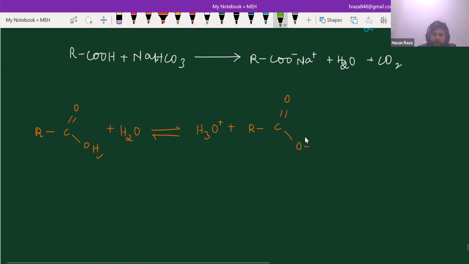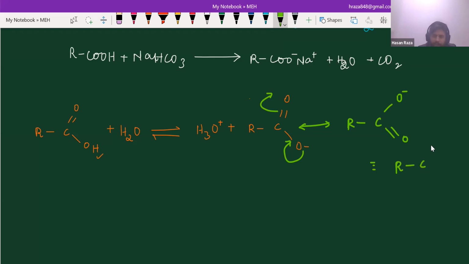Now I'm going to do the resonance of this. As you know, this will take carbon's electron and it will satisfy carbon's bond. So it will be RCOO negative with the double bond. We can write the resonance hybrid as this O and O, and the double bond moves from here to here. So it will be written like this. This is the resonance hybrid. Please do write it.